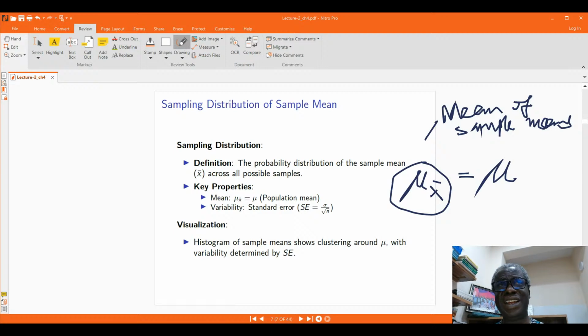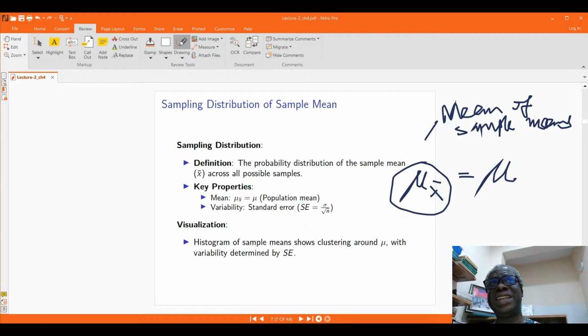So the standard error of the mean is the standard deviation of the sample means. Or put differently, it is the standard deviation of the sampling distribution of the sample mean. So that's the definition of standard error, and it is different from standard deviation.